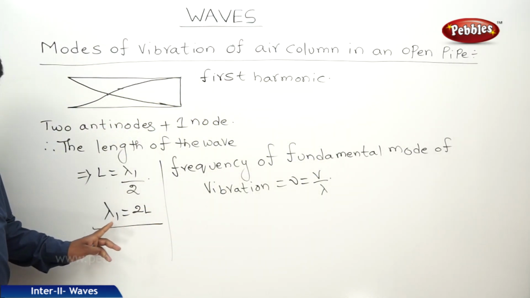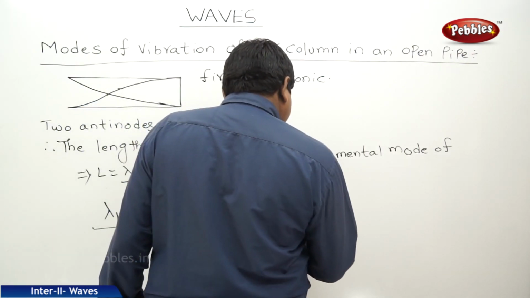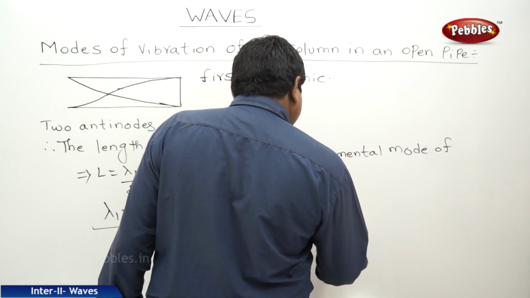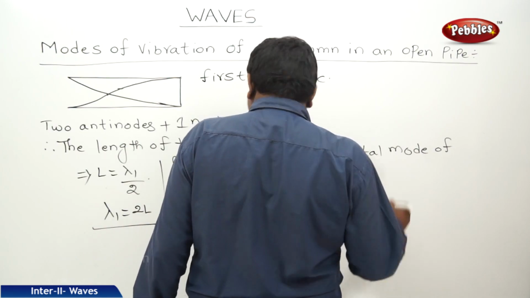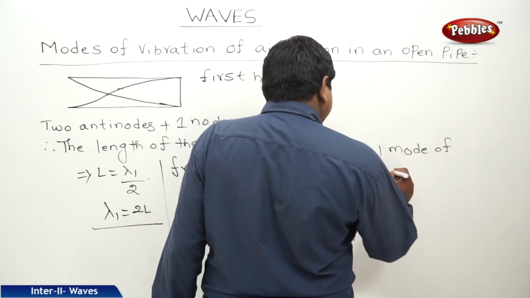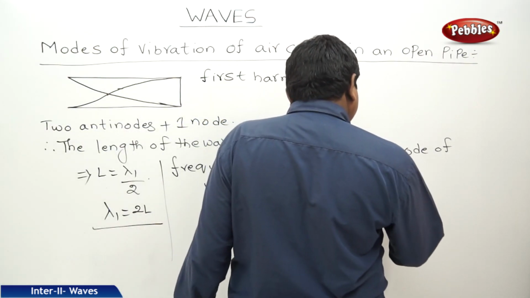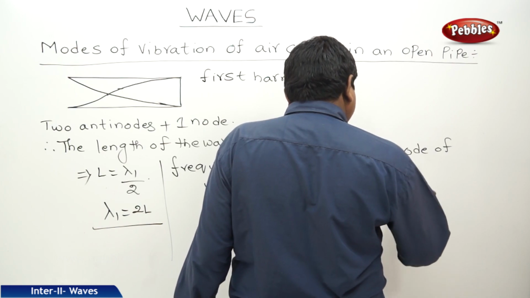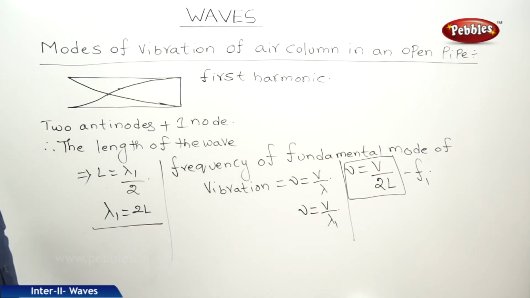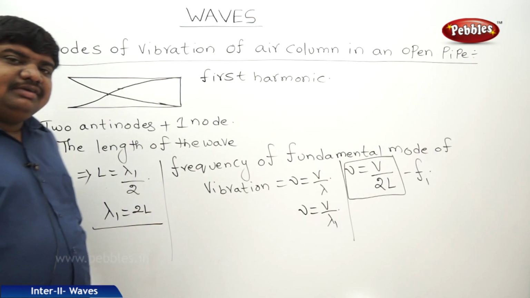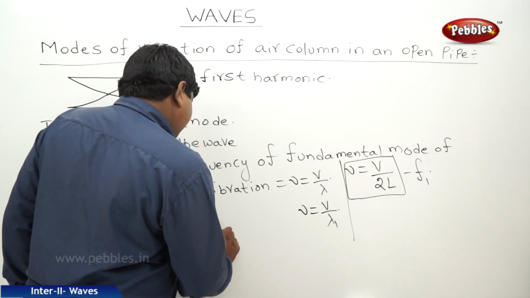Here this lambda is lambda 1, the wavelength of the first harmonic. Therefore, nu is equal to V by lambda 1, which is V by 2L. This is called F1. What is F1? The fundamental, or the frequency of the fundamental mode, the first harmonic.